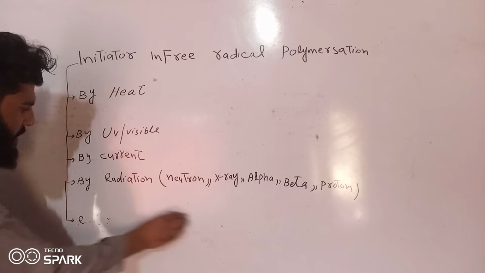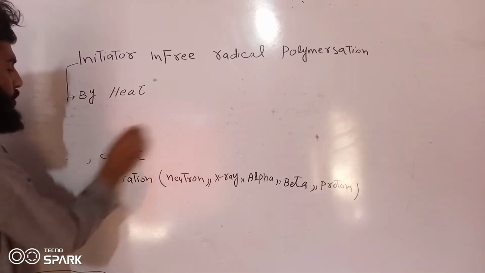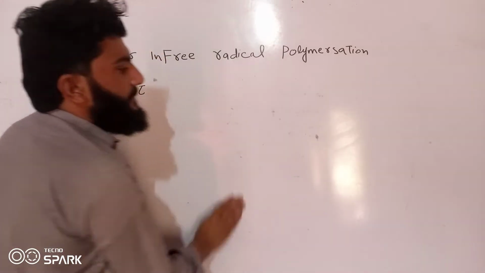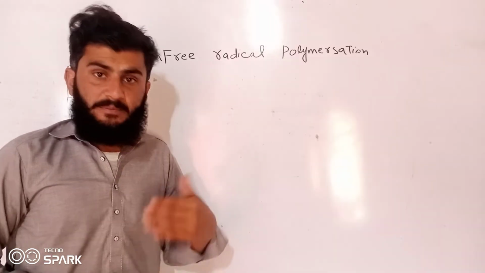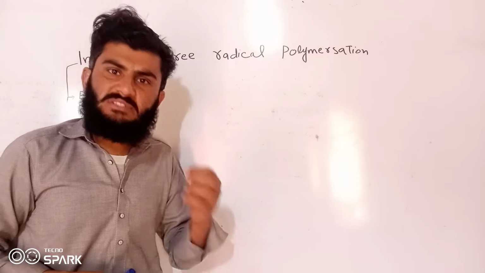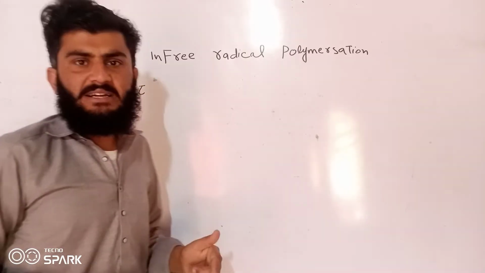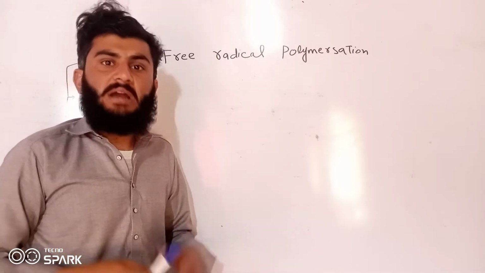First of all, we want to discuss how we will produce radical or initiator. We know that in the initiation step, we produce a radical. This radical propagates, and is responsible for making a polymer.